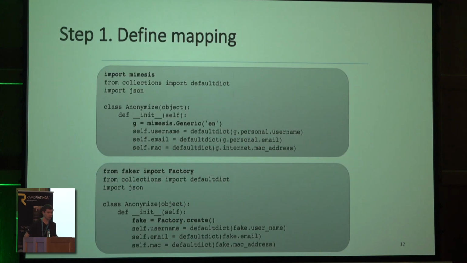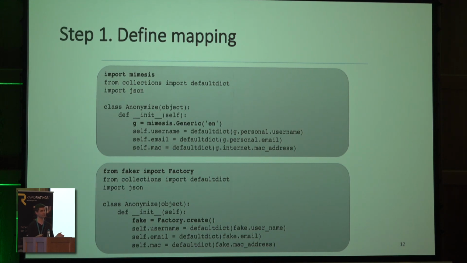Now, how can we use mimesis and Faker for anonymizing data? The trick here is to create a mapping dictionary between the original data and the anonymized data. One thing I forgot to mention earlier is that when we anonymize data, we basically want a one-way transform.